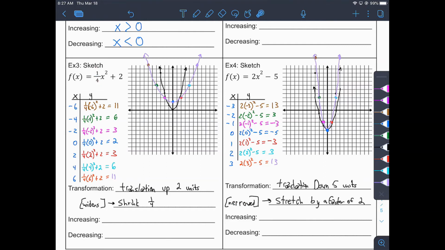Or it can narrow, or what we call stretch, if it's a number greater than 1. So between 0 and 1, greater than 1. Shrink widens, and it happens with values that have the denominator larger than the numerator. That would widen the function when it's between 0 and 1. And it stretches when the value is greater than 1.